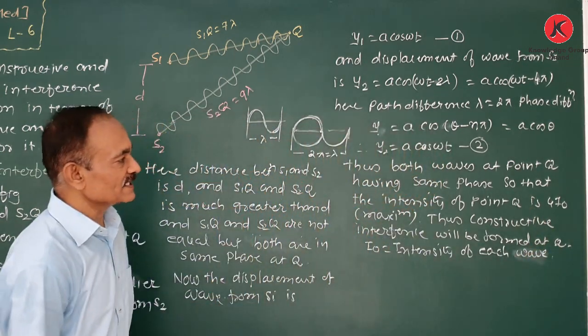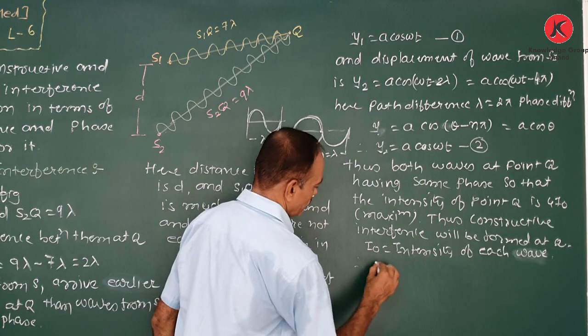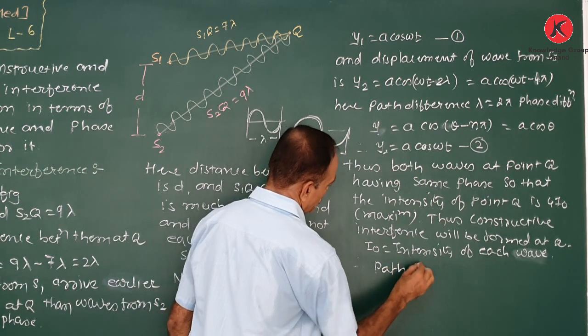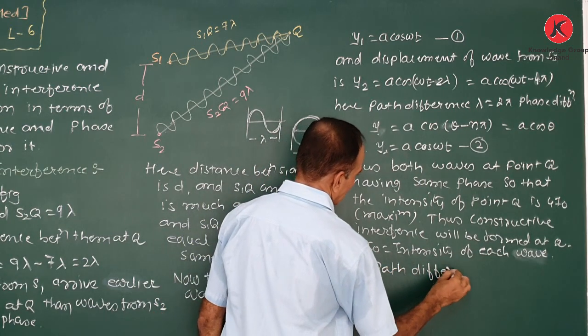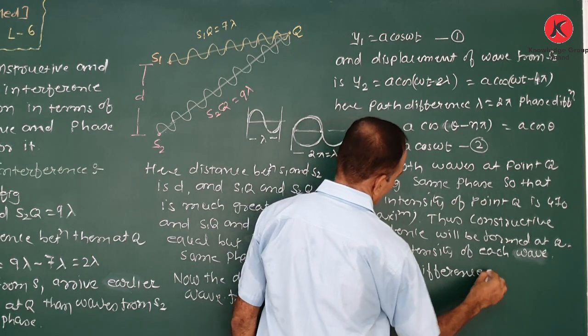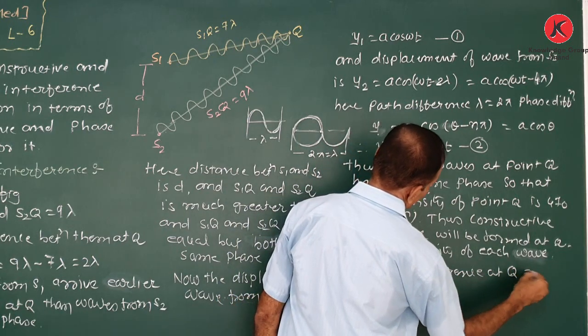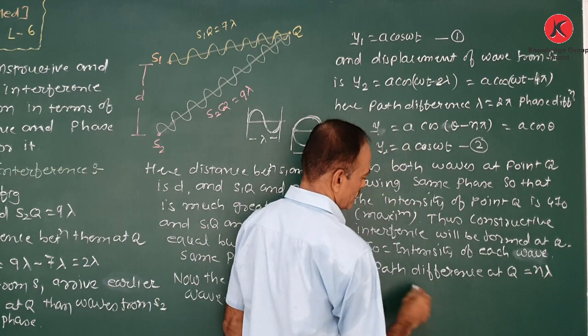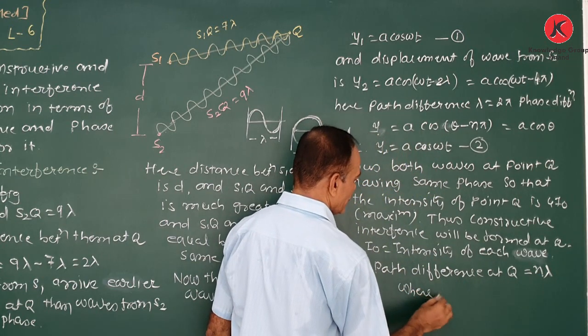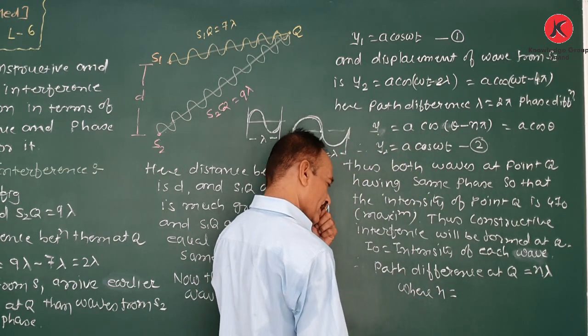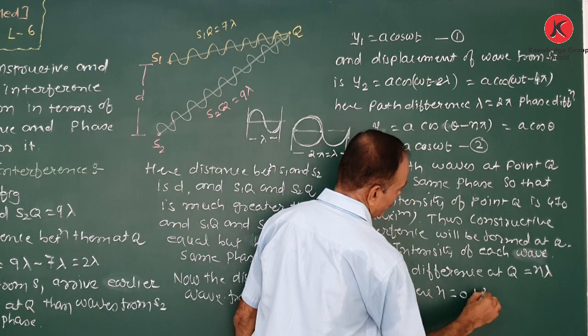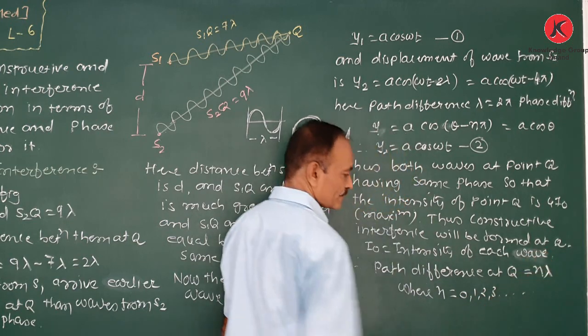Therefore, the path difference at Q is equal to n lambda, where n is equal to 0, 1, 2, 3, and so on.